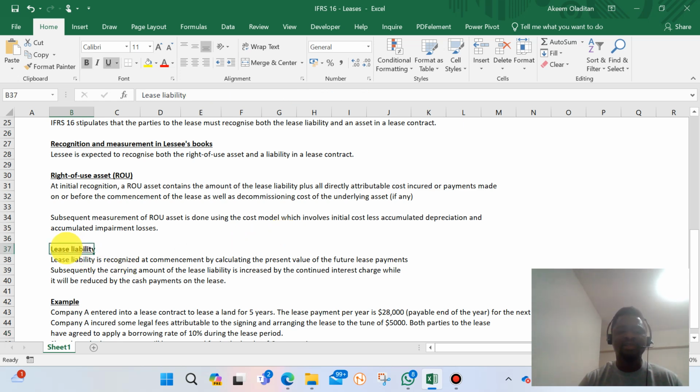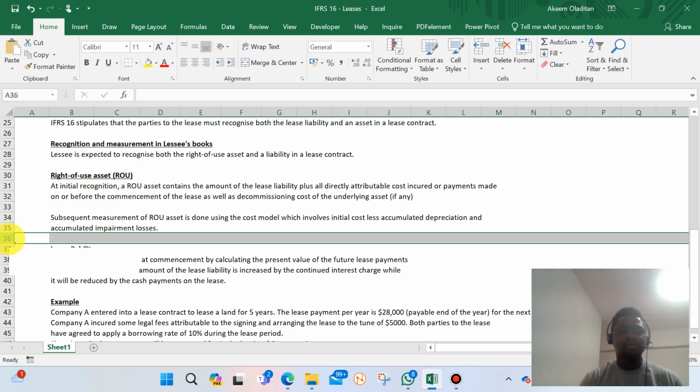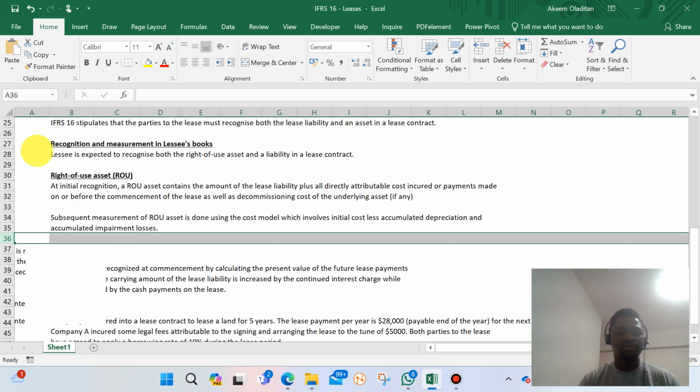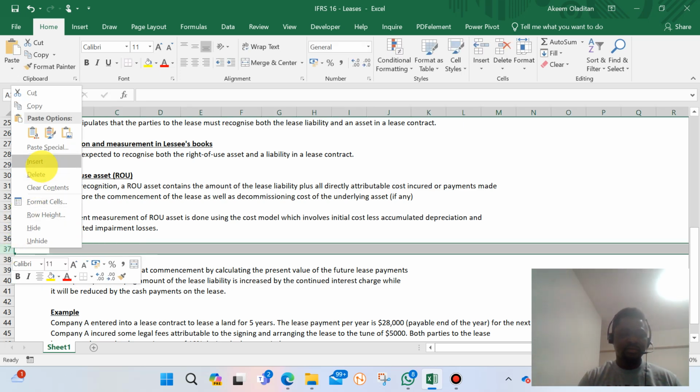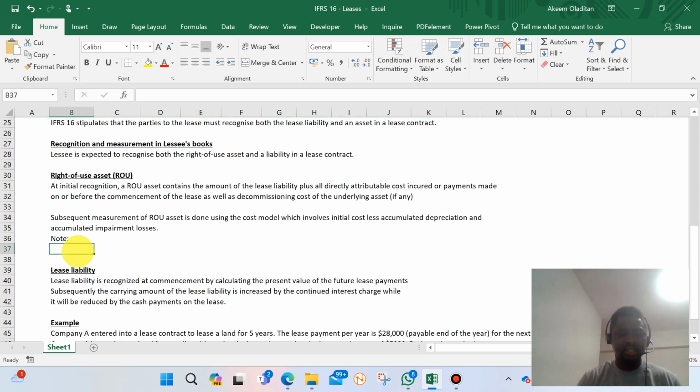For the lease liability now, because I said ROU contains it, let me make a small note here.